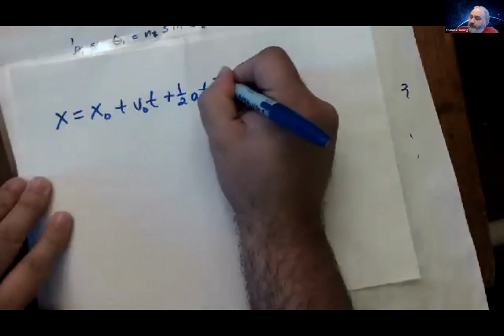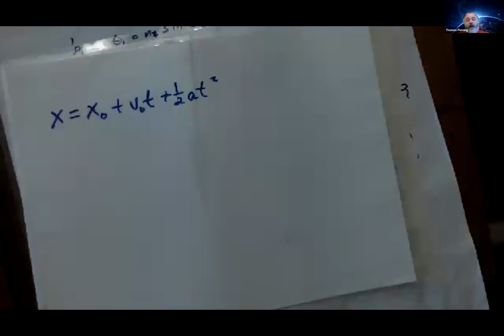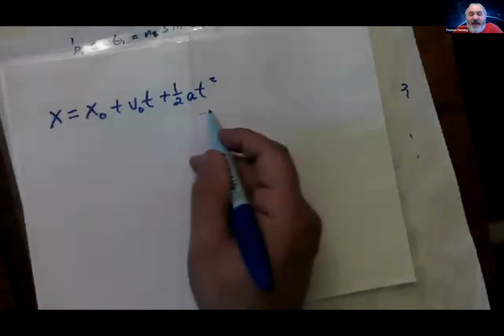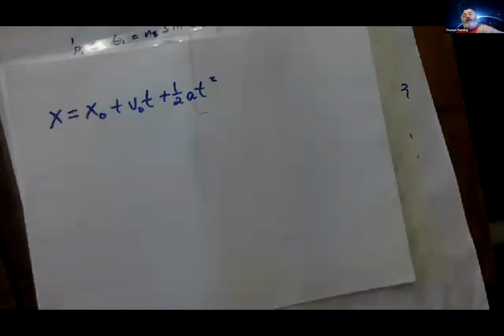Right? We used that back in chapter 2. But if I have a rotating object, I can replace this equation with what I might call the angular position equation. And all I'm going to have to do is swap out whatever variable I have here with the translational version of that same variable.